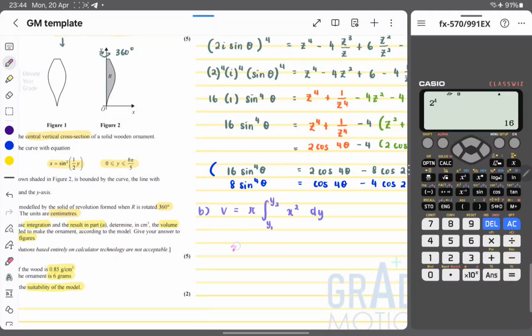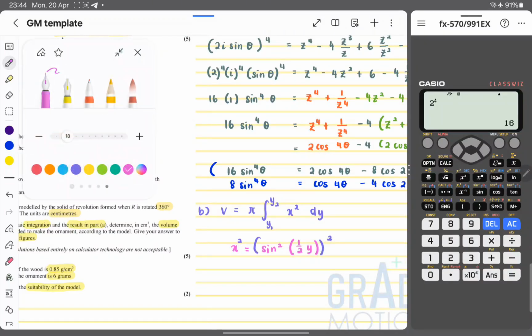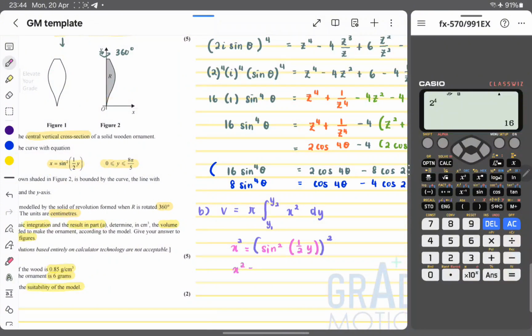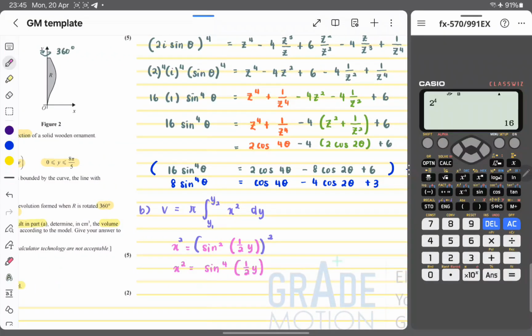So what we have here is x. x is equal to sine squared of half y. Now what we want to do is find x squared, so we're going to square this and we're going to square this. So we will get x squared is equal to sine to the power of 4 of 1 over 2y. Now they want us to use the result that we get here. But notice that the result here we have got 8.